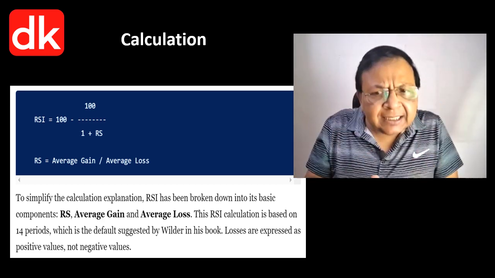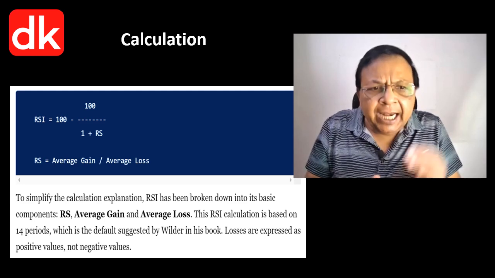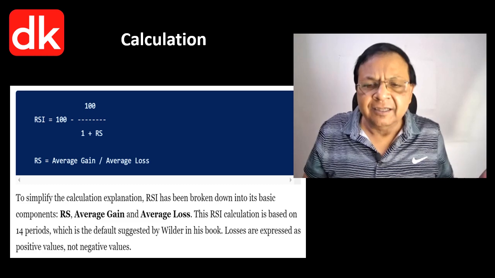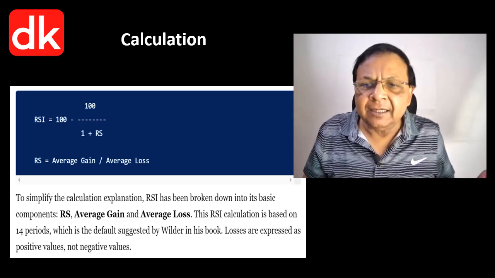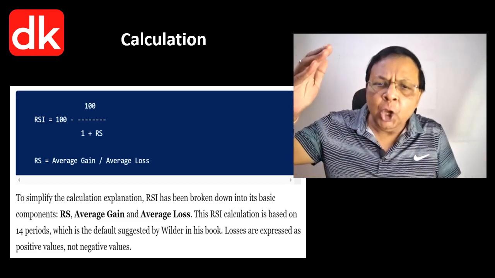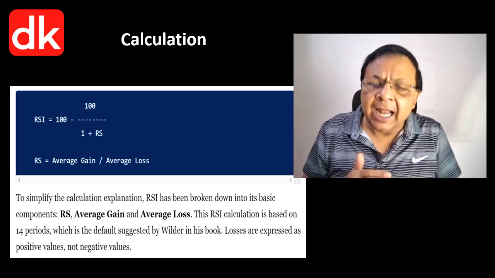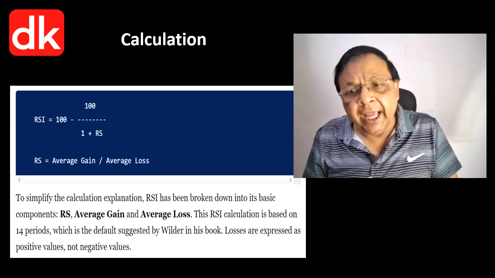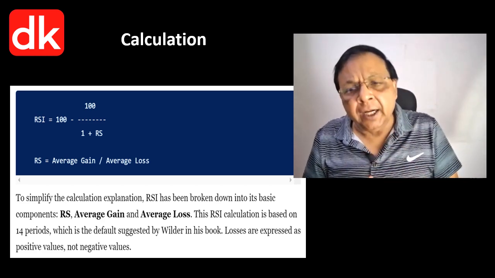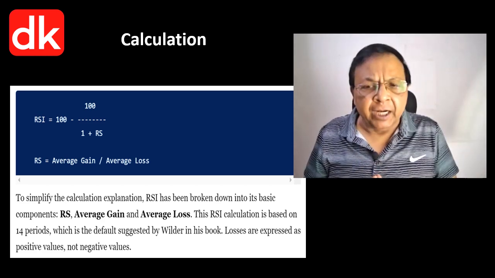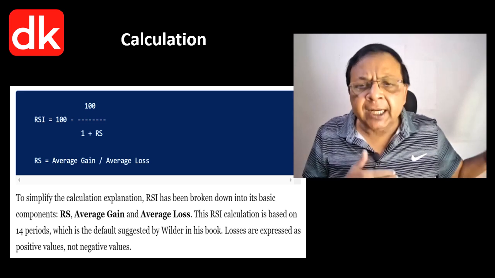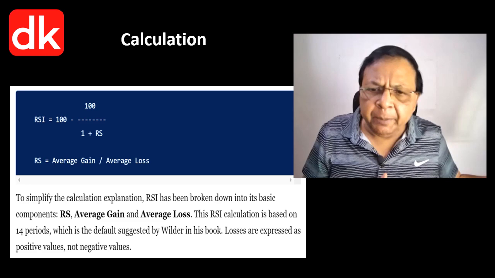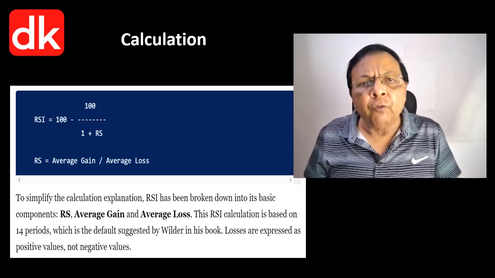RS is a calculation of the average gains the price has made: when the price is rising, at what average rate it has risen, and when it is falling, at what rate it has fallen in the past selected time period. If you select 10 periods, it will calculate the past 10 days. If you select 14 periods, it will calculate 14 periods.